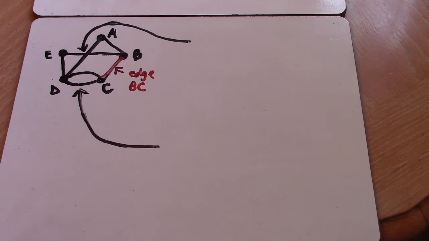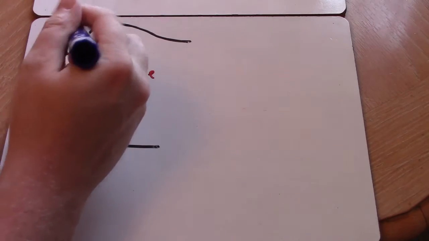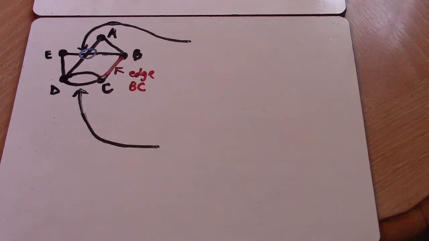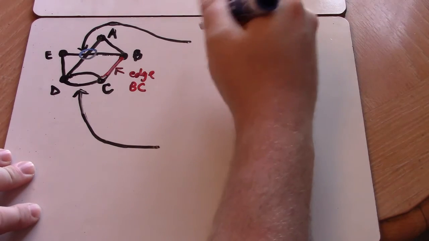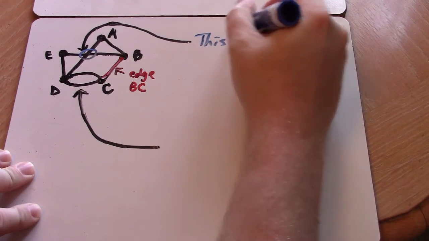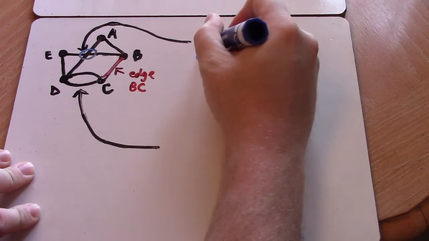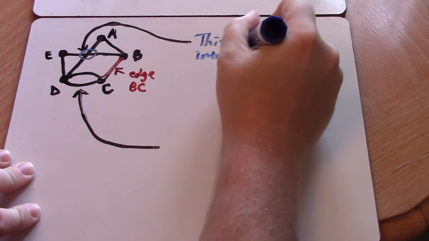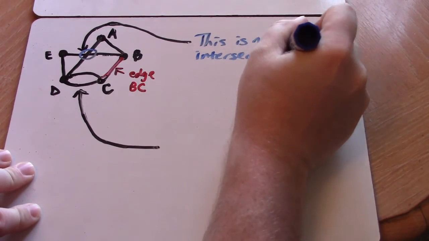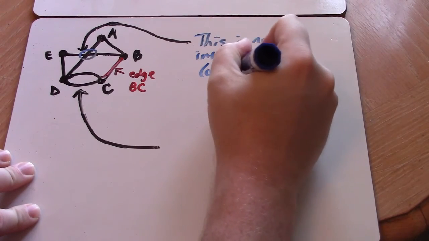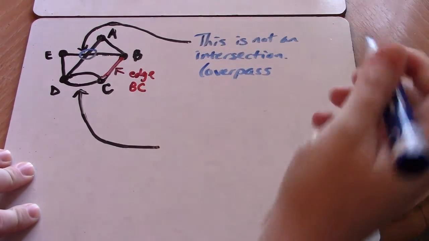Okay? So some points of interest. First of all, you'll notice that there is no point indicated here where these two edges cross. That is because this is not an intersection. The way I always try to explain this is that that is more like an overpass, meaning that you cannot switch roads there.